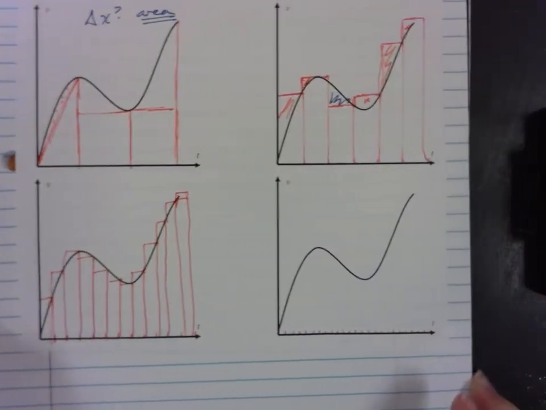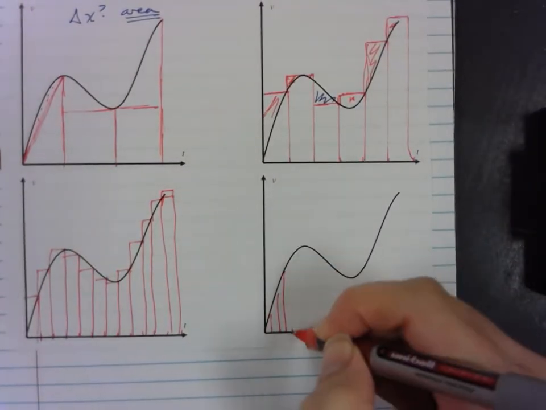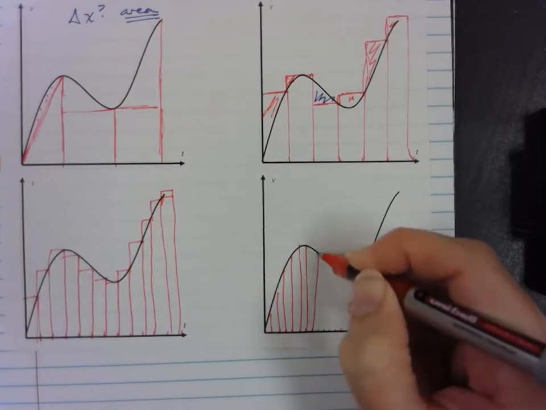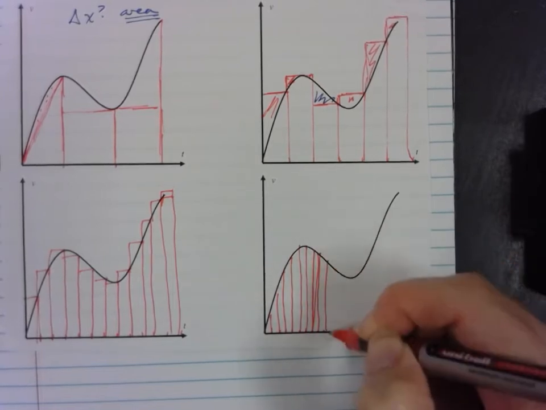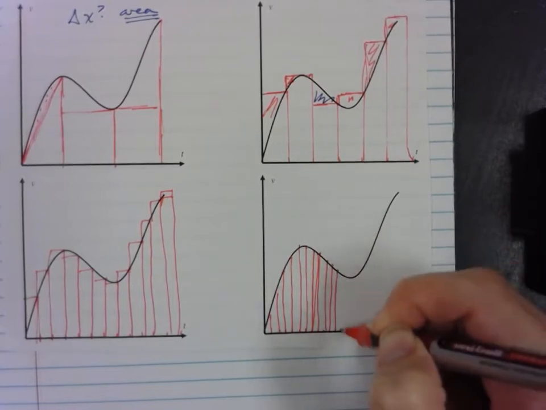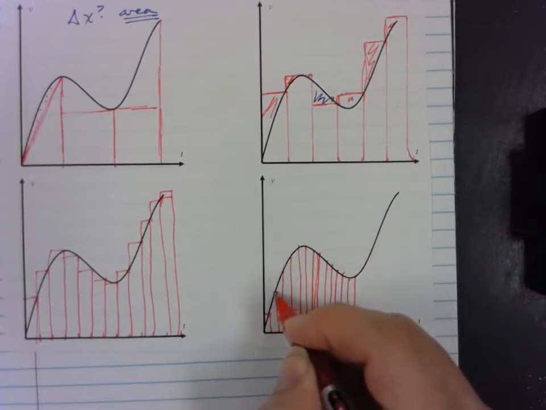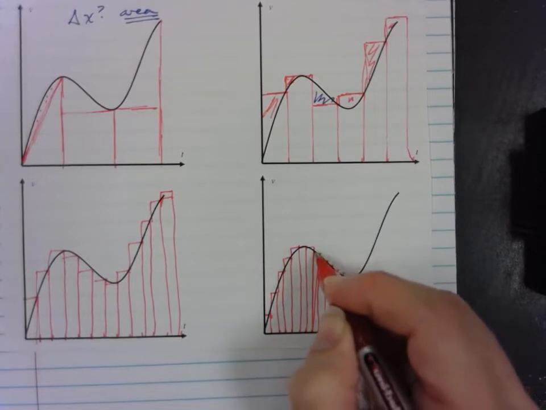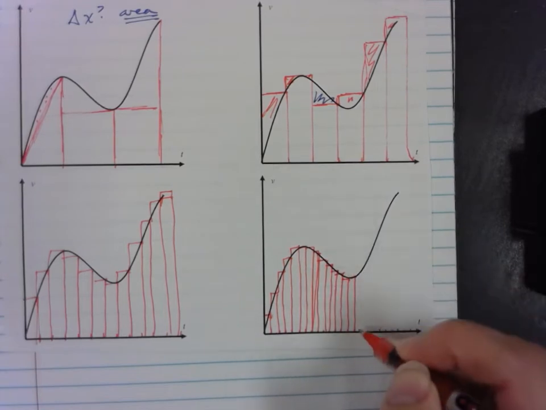If I go even wilder, this is 24 rectangles. I think I'm going to stop on this first half. But you can see as I draw the rectangles in, that these rectangles are closer and closer approximating the area of this.